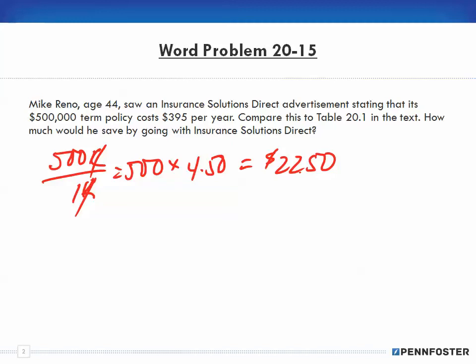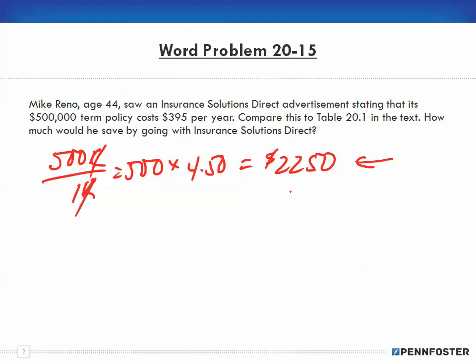Okay, so Insurance Solutions Direct here. Mike saw an Insurance Solutions Direct advertisement that says his policy would cost $395. So in table 20-1, that's how much it would cost in the text.